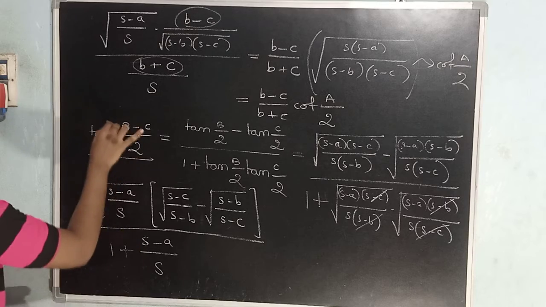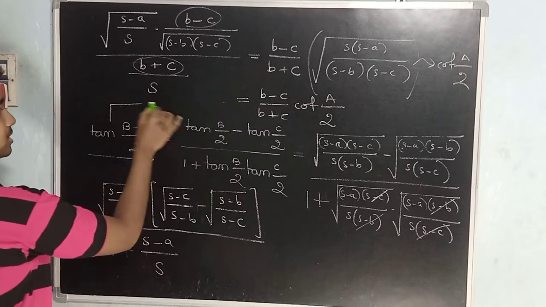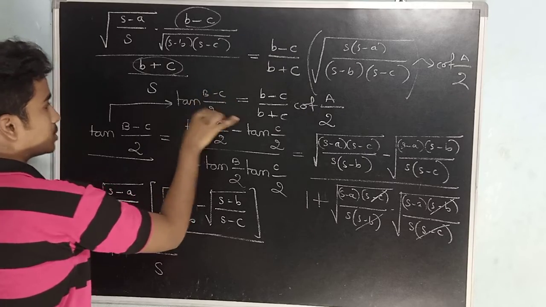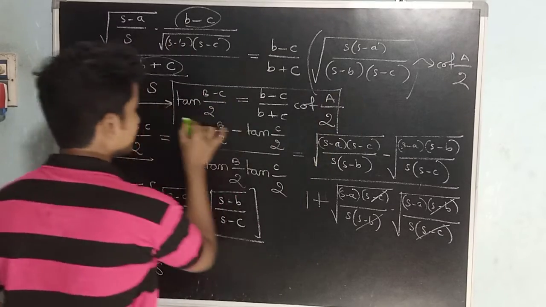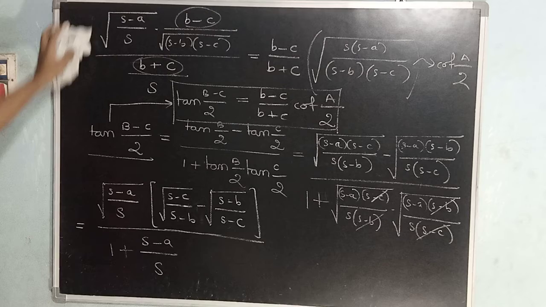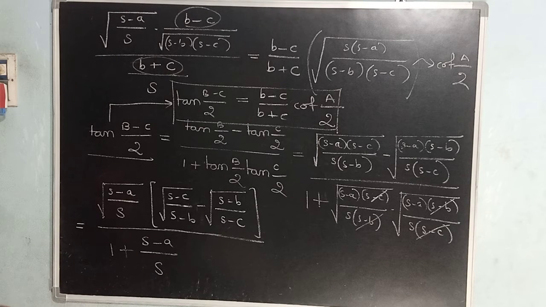Hence proved that tan b minus c by 2 is nothing but b minus c by b plus c cot A by 2. So this is the first method.